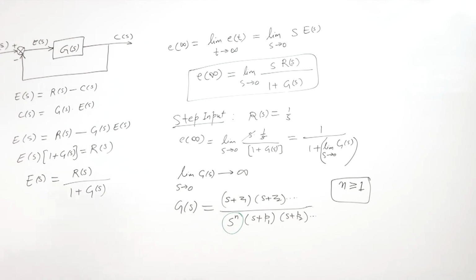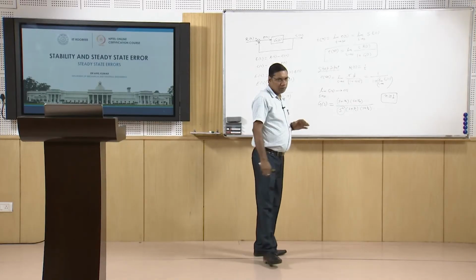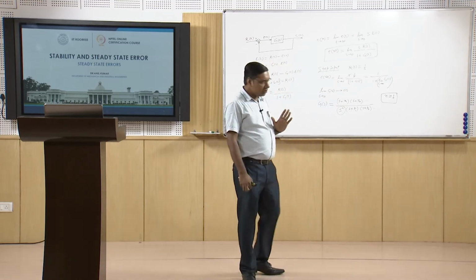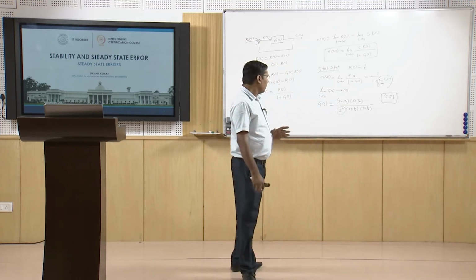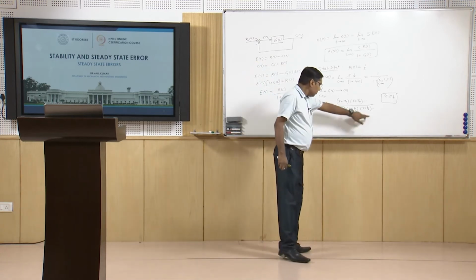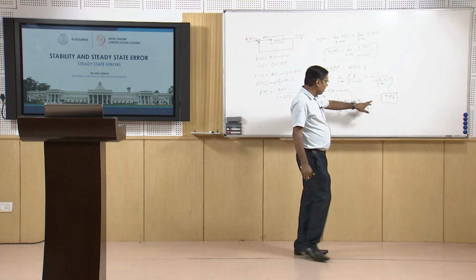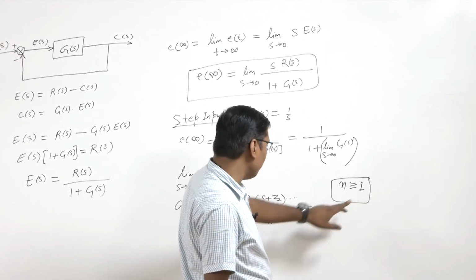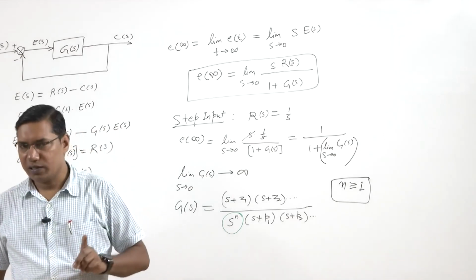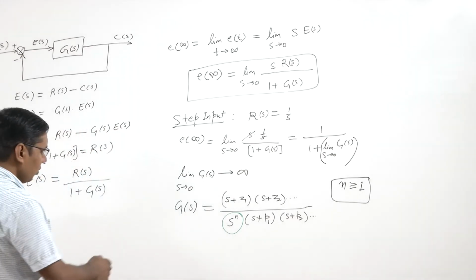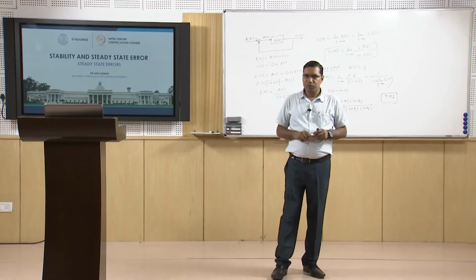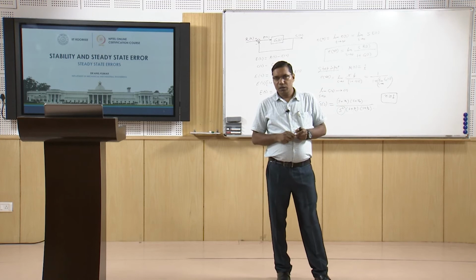If we want a system that, against a step input, has zero steady state error, G(s) should be in this form, and n should be at least 1. So there should be at least one s. This 1/s means integration, the Laplace transform of an integration.